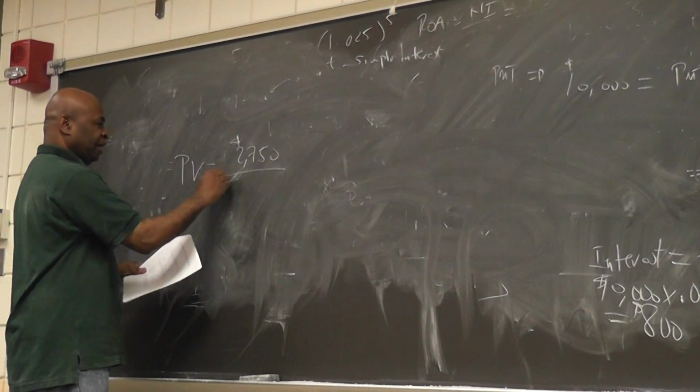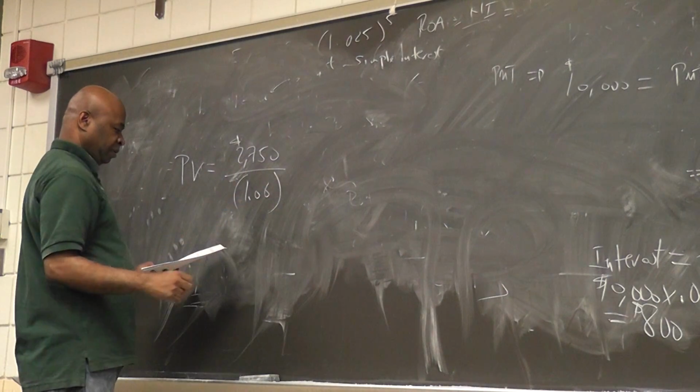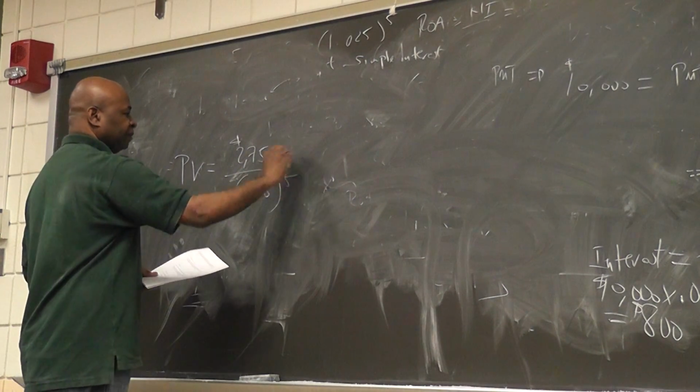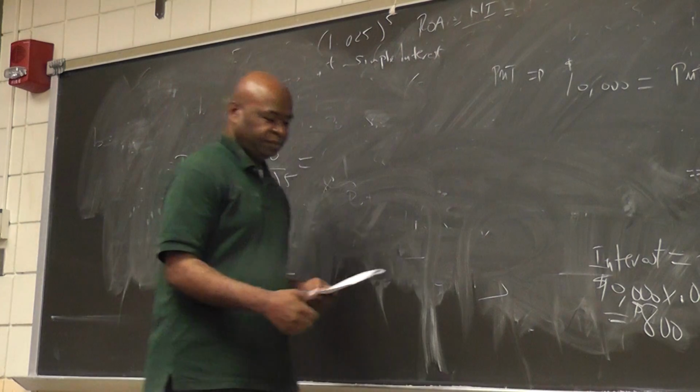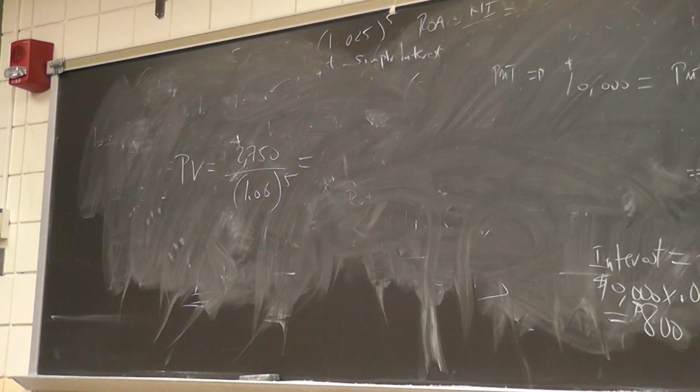And then divided by 1.06 raised to the power 5. So what's the answer for 25? 2,054.96.